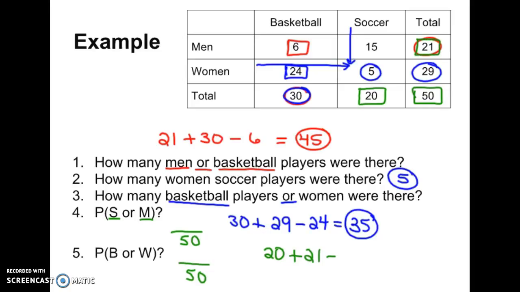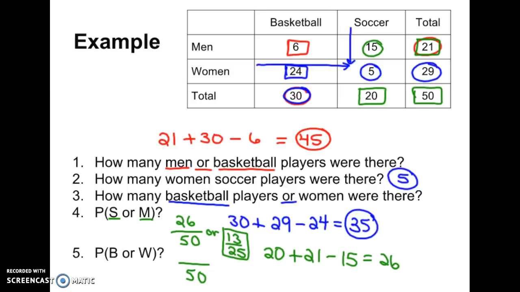And then I need to subtract where they overlap so I don't count it twice. Male soccer players is 15, so I don't want that to be counted twice. I'll go ahead and subtract. When I do that, I end up finding out that it is 26. So 26 out of 50 fall into that category. If I reduce that, I believe that's 13 over 25. Okay, so there's that one.